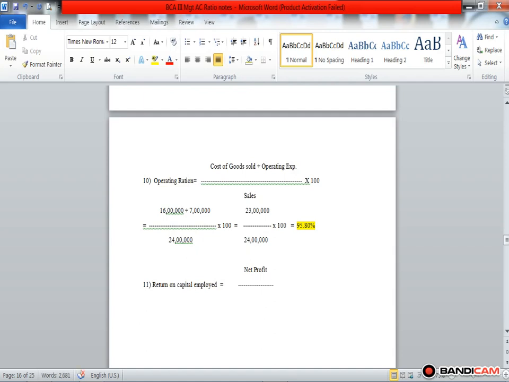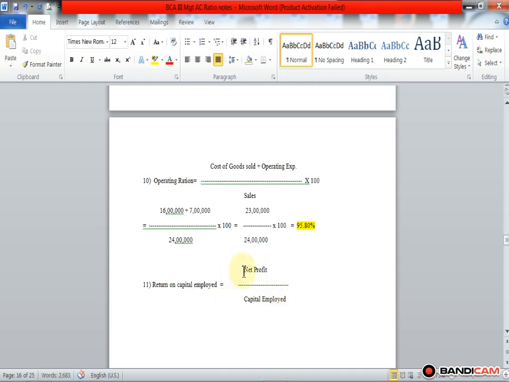How do we find out the capital employed or total assets? It means the capital invested in assets, or the total of all assets. So net profit divided by capital employed.